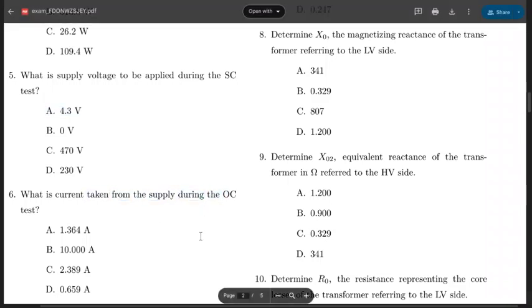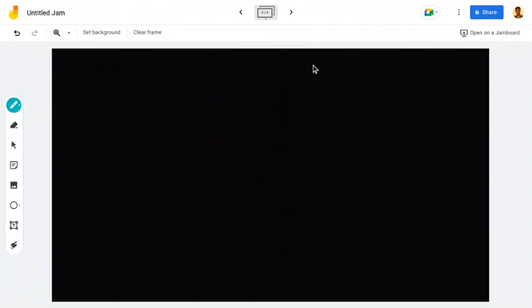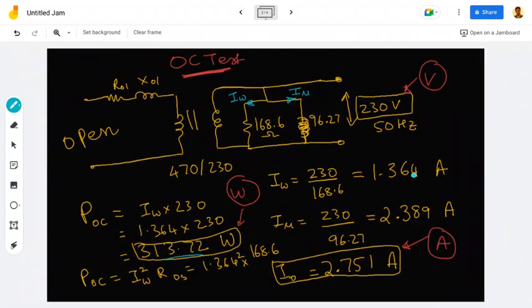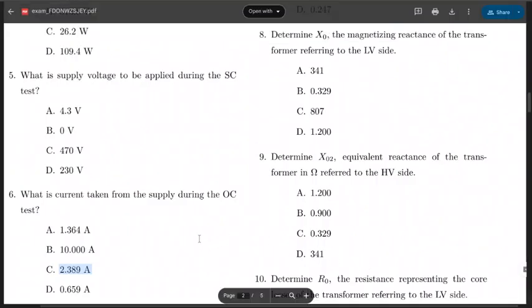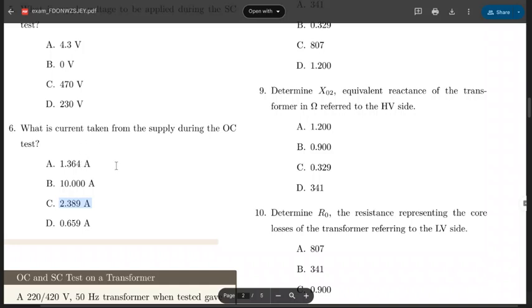I got 1.364 and 2.389, but these two are individually IW and Imu. What I am looking for is 2.751, but that option is missing in the choices. So this question 6 is itself wrong. It is not correct; there is no correct option.